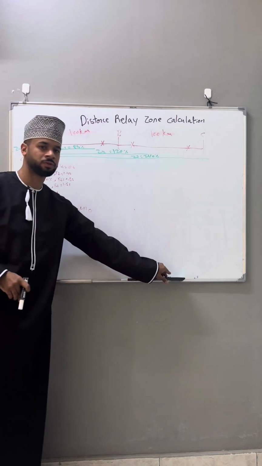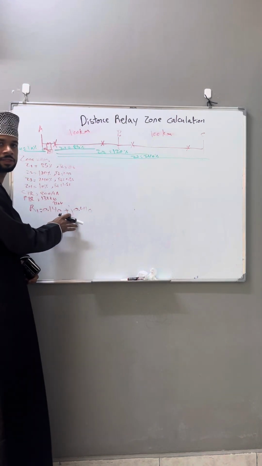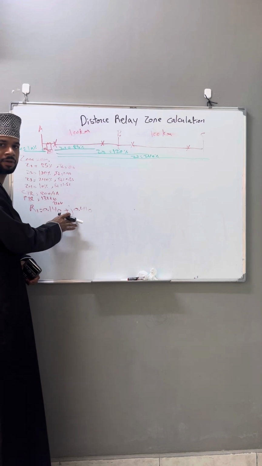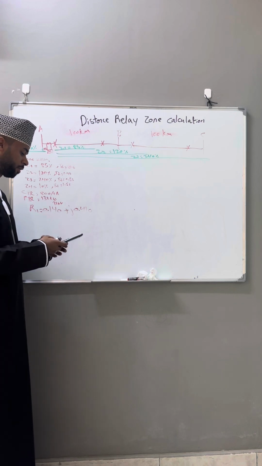But before I start the calculation, the impedance comes in rectangular form, with resistance and reactance, so we need to change it to polar form.